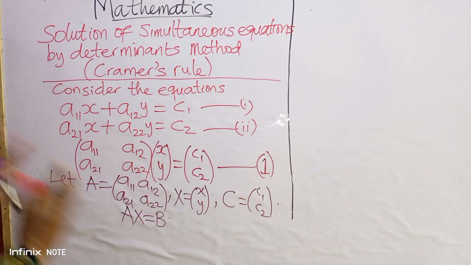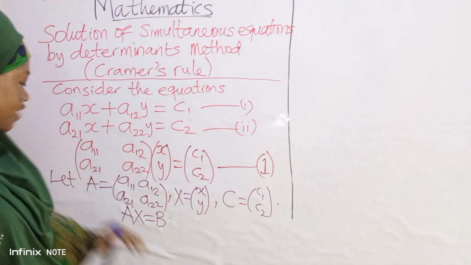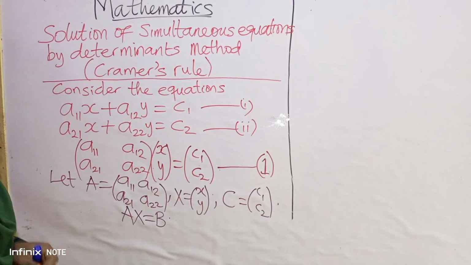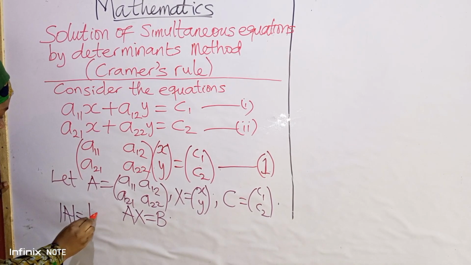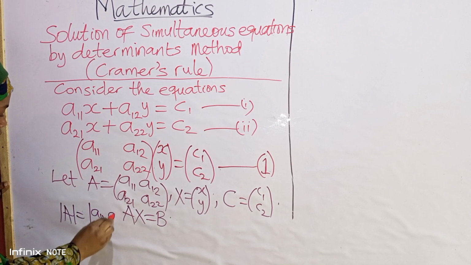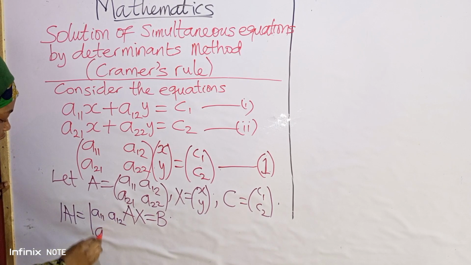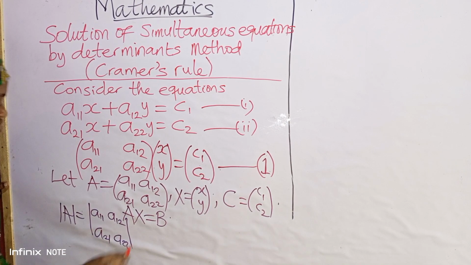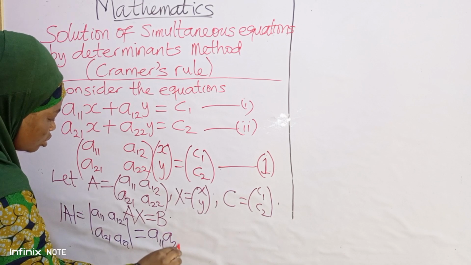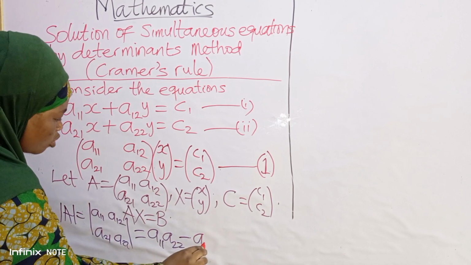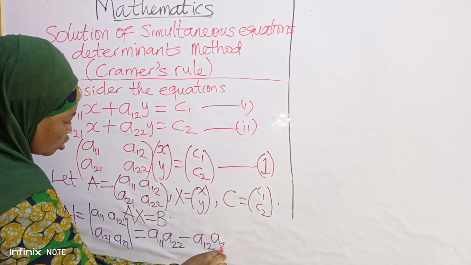Now the next thing we want to do is find the determinant of A. Determinant of A is equal to the determinant of a11, a12, a21, a22, which is equal to a11 a22 minus a12 a21.